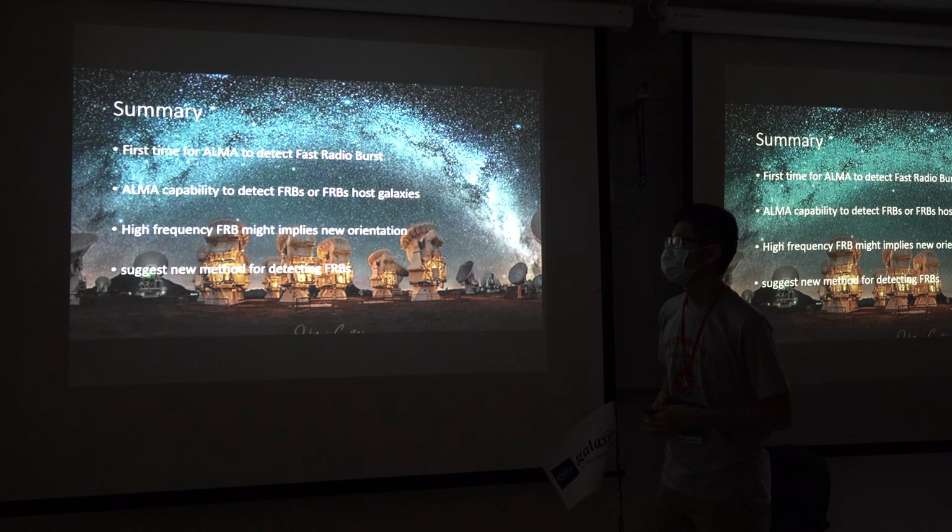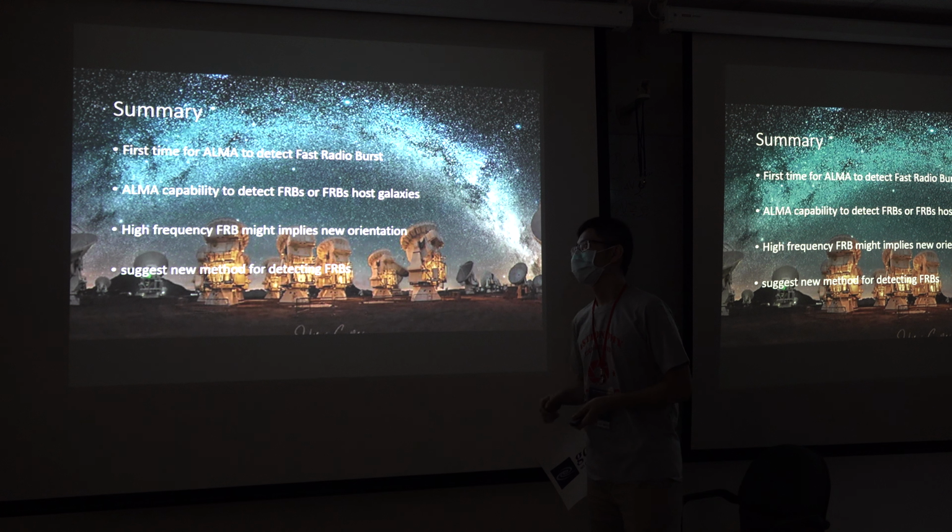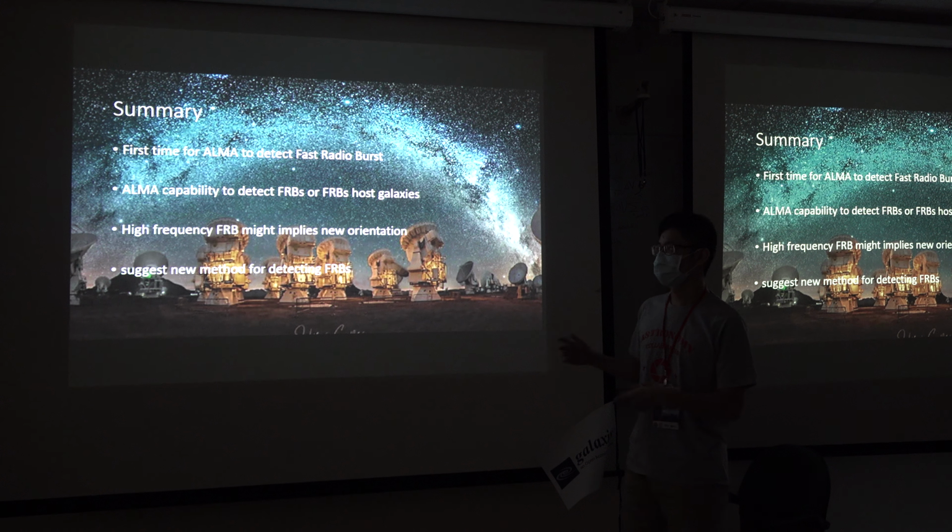And here's my summary. This is important because this is the first time for ALMA to detect FRB, and it also shows ALMA's capability to detect FRB or host galaxies.